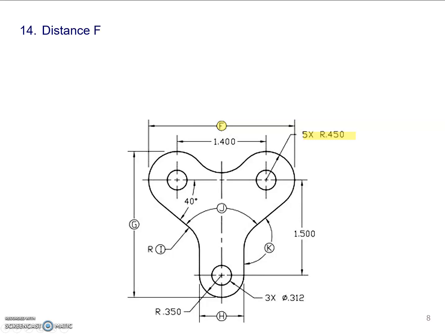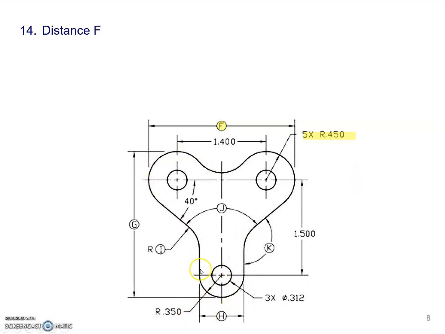Now, one thing we notice is that there's a radius down here at the bottom. There's another radius up here at the top. And what they are telling us is that 5 of these radii are 450. So that's probably 1, 2, 3, 4, 5. Those are the 450 radii.